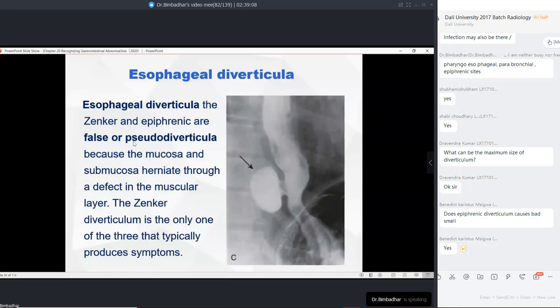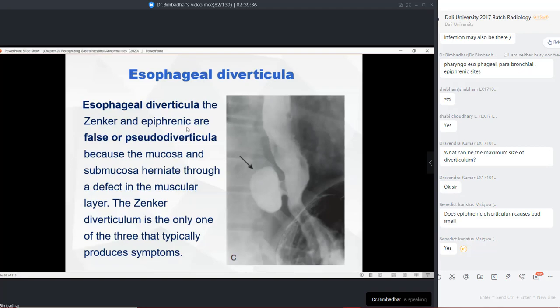It is not a true diverticulum, but it happens because of the weakest part in the esophagus. Both the muscular layers and the submucosal layers are involved in it. But in the other diverticula, only the submucosal layers are involved. So that's why we call Zenker's diverticulum a pseudo diverticulum.